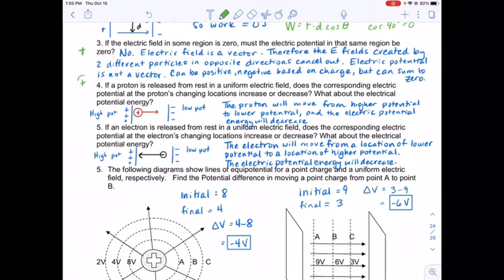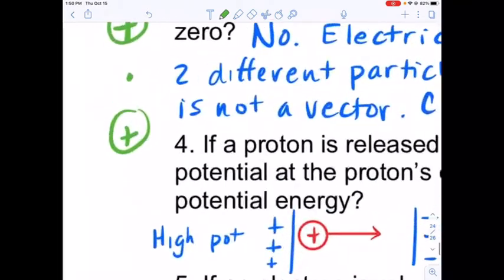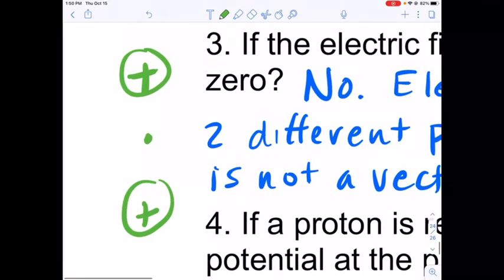If I have two charged objects like this, at the point right between them, the electric field would be 0. So right here, the electric field is 0. However, the voltage there, or the potential, is not 0.